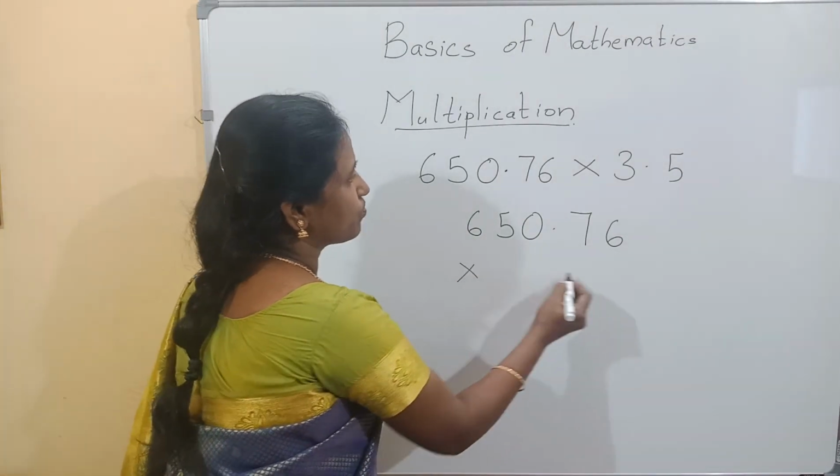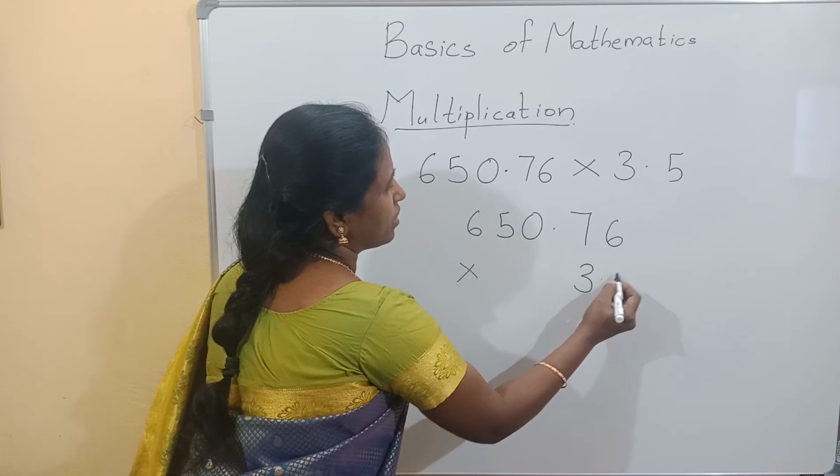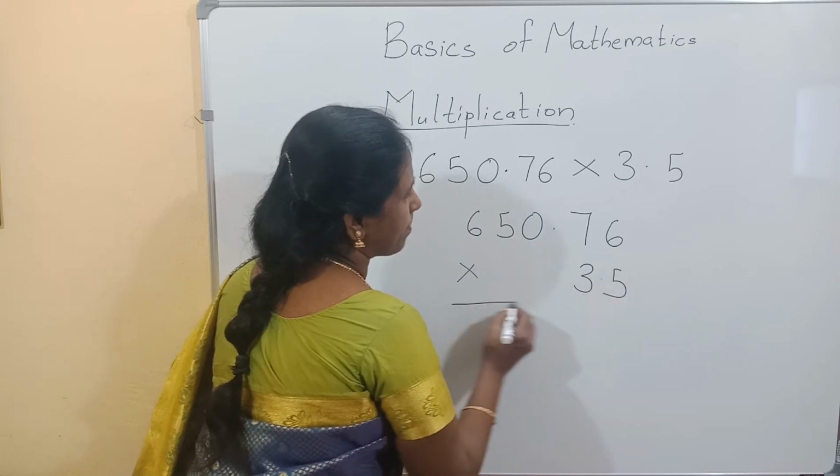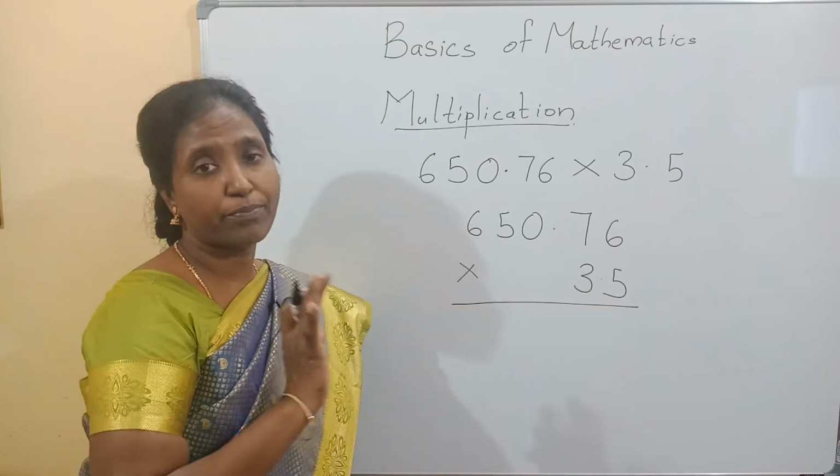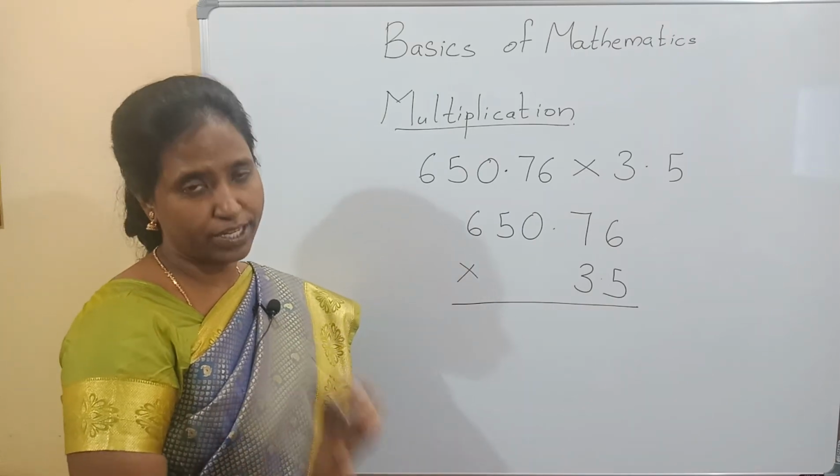So into 3.5, right? Here we have put the numbers, but we are not considering the points at all.